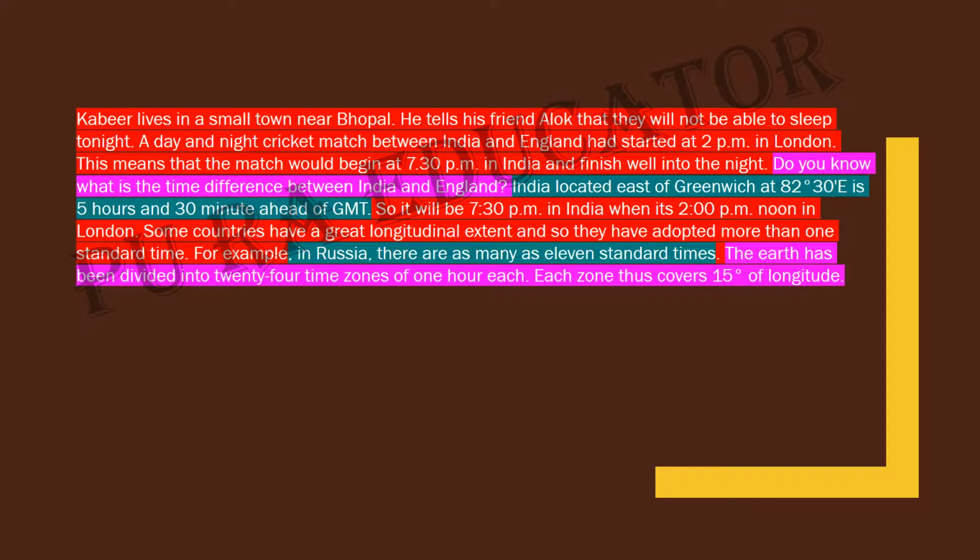In USA also several standard times have been taken. As you know, Earth has been divided into 24 time zones, as I have shown you in the picture before, of 1 hour each. Each zone thus covers 15 degree of longitude.